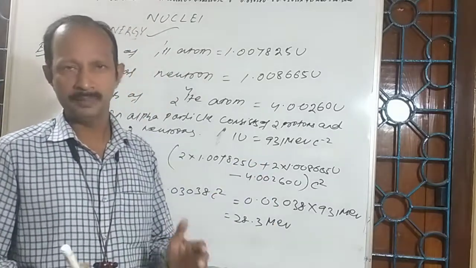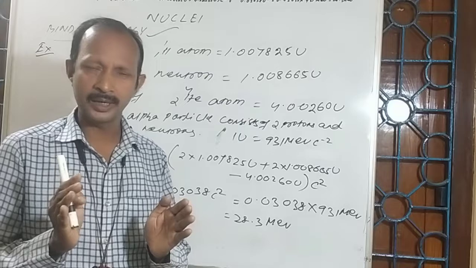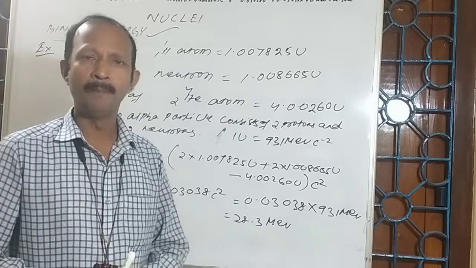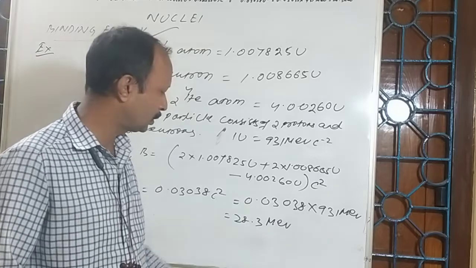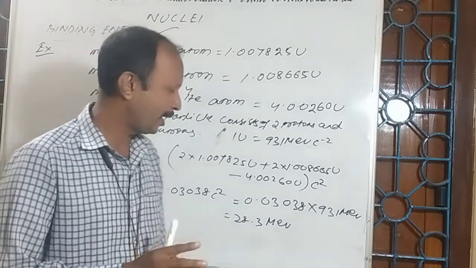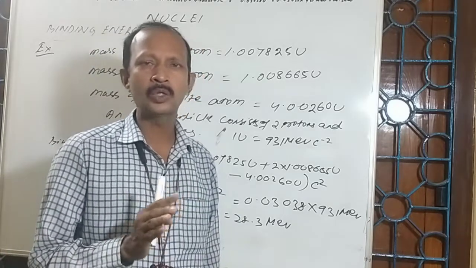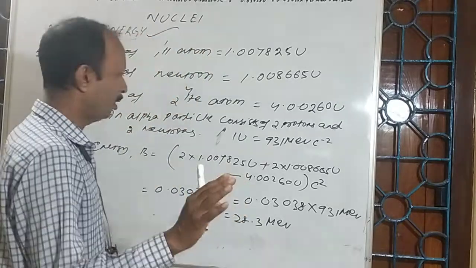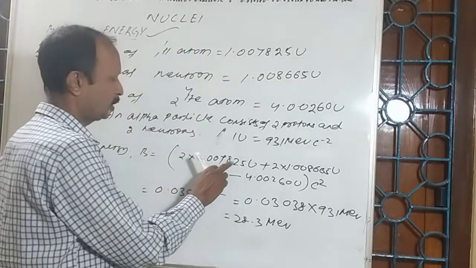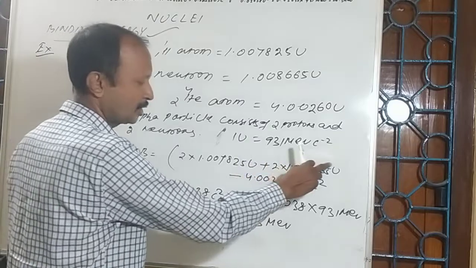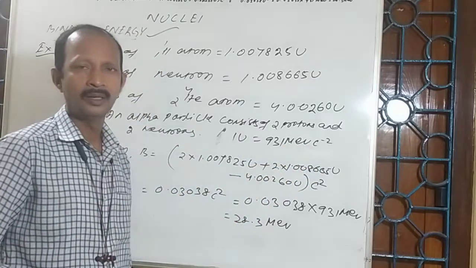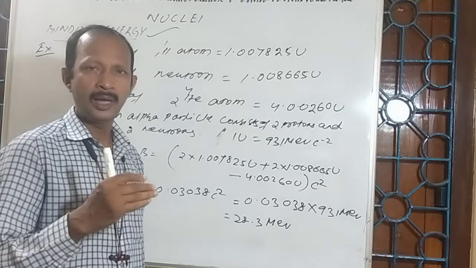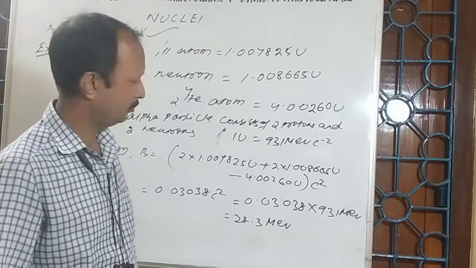This is the binding energy of the helium nucleus. That means when two protons and two neutrons combine together, the amount of energy lost is equal to 28.3 million electron volt. Here what I have done, I have taken the mass of protons plus mass of neutrons minus the mass of the helium nucleus.